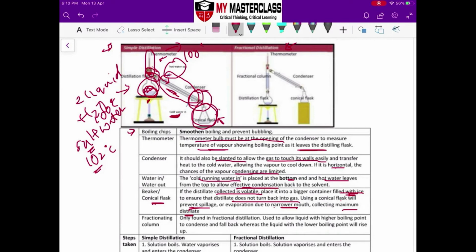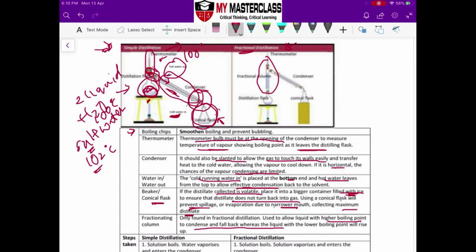The difference between your simple distillation and your fractional distillation is this whole column called the fractionating column. Inside there are glass beads. What do these glass beads do? They provide a surface area for higher boiling point vapor to condense and fall back as liquid.